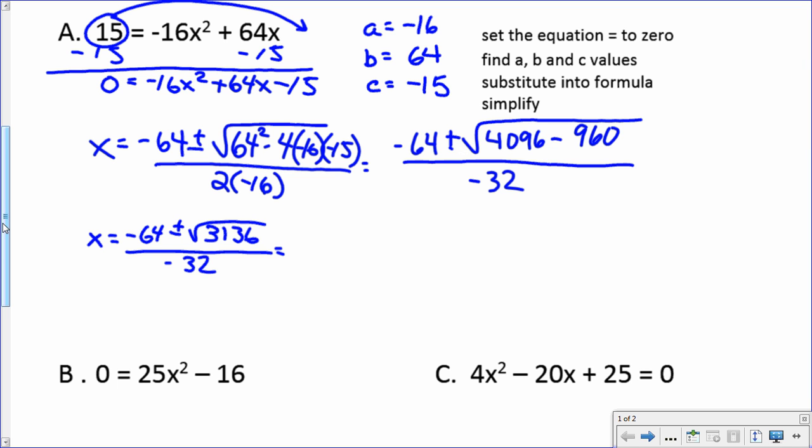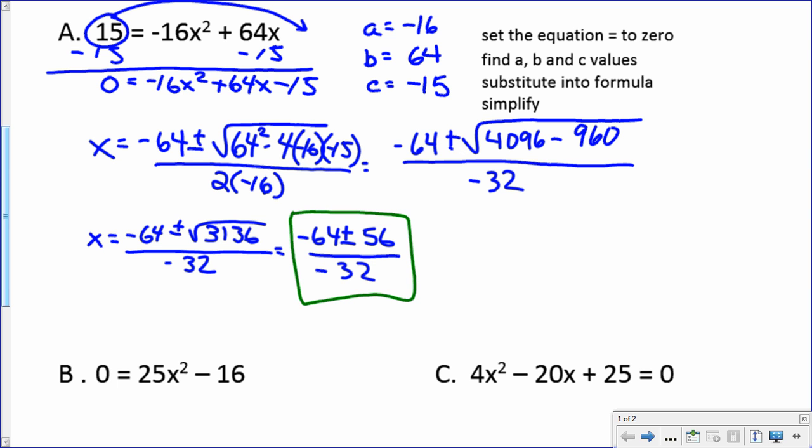Now let's see if the square root of this is even. Oh, it is. The square root of 3,136 is 56. Once we get down to this stage, now we break it off into two.